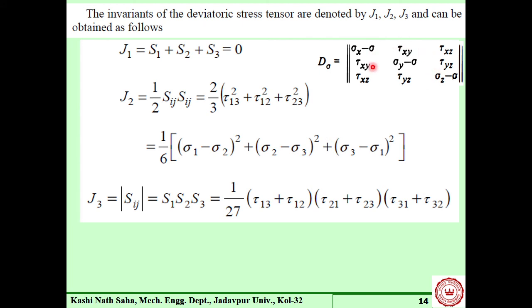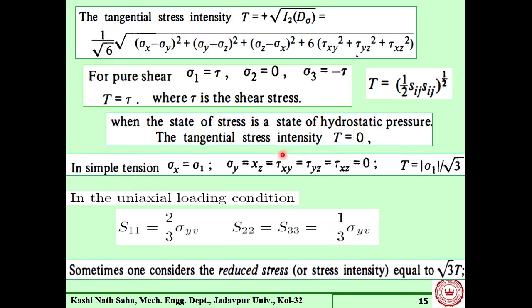Now, corresponding to this deviatoric state of stress, instead of I1, I2, I3, if we rename them J1, J2, J3, this is what we will get: the revised expressions corresponding to this, in tensor notation.